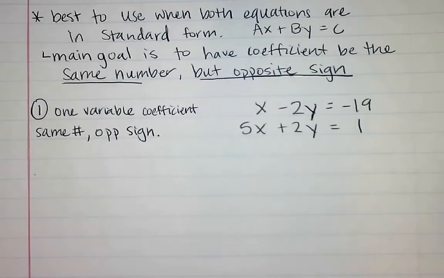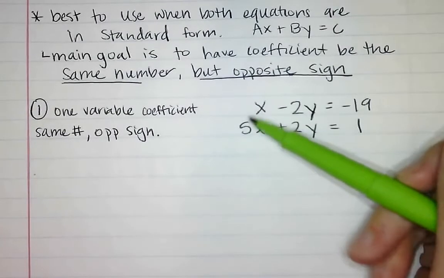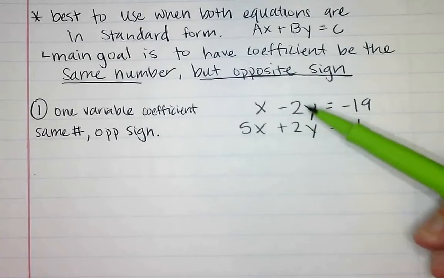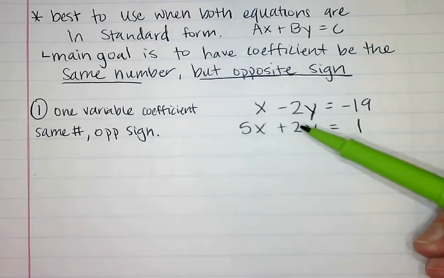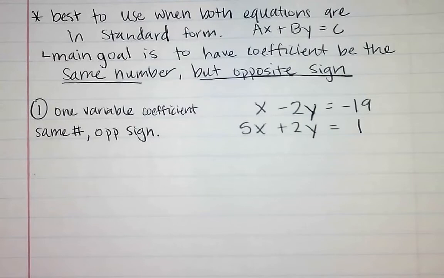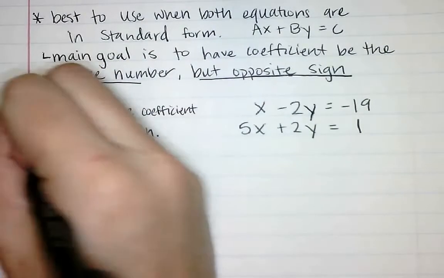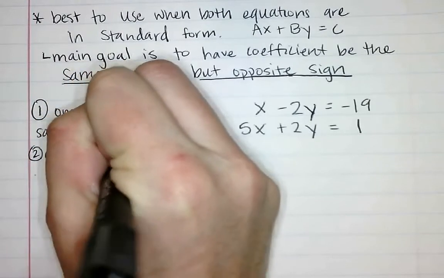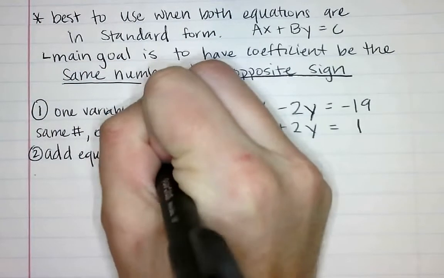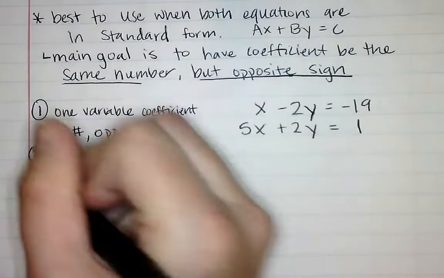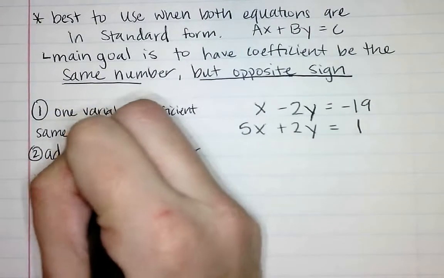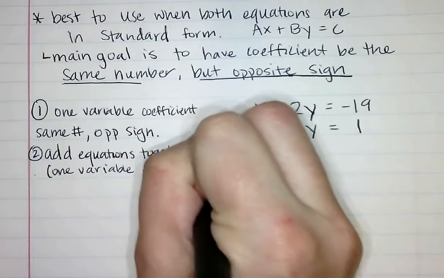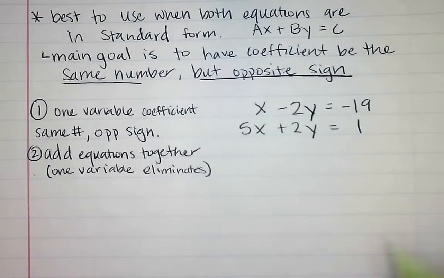When you look at your x's, are those the same number, your coefficients? No. What about your y's? Same number, opposite sign. Do you feel good about that? So the second step is you add your equations together. What happens when you add the equations is one of your variables eliminates, hence the name elimination.